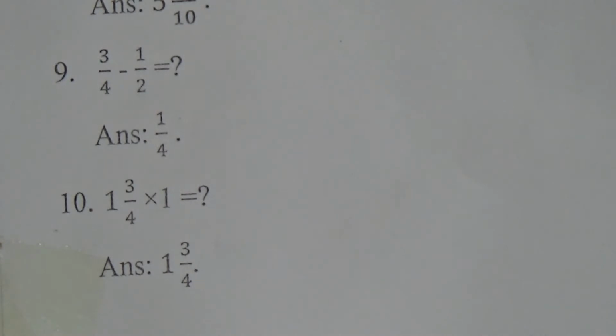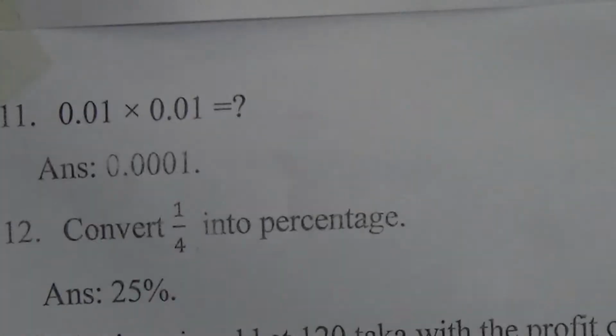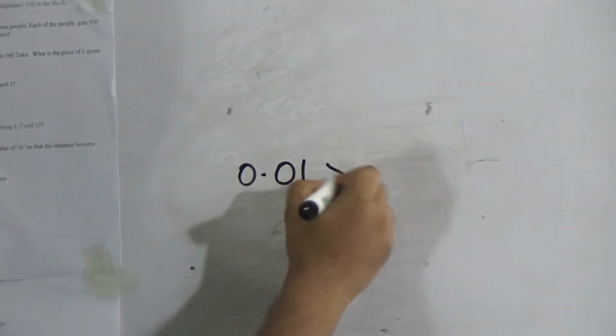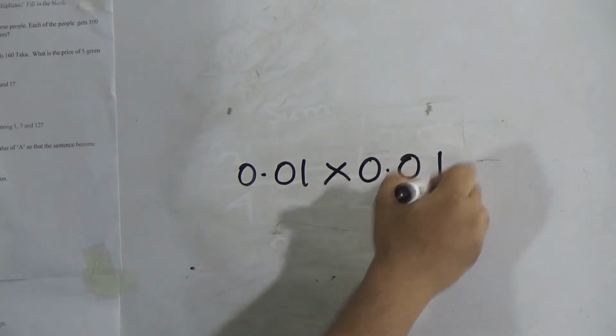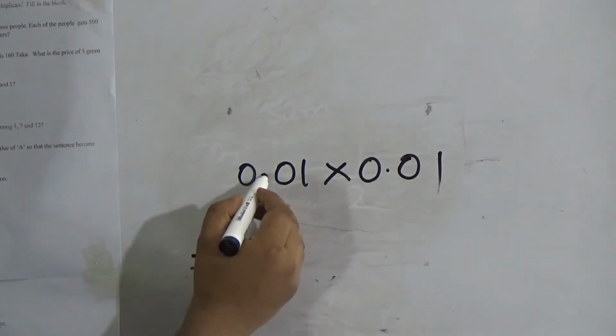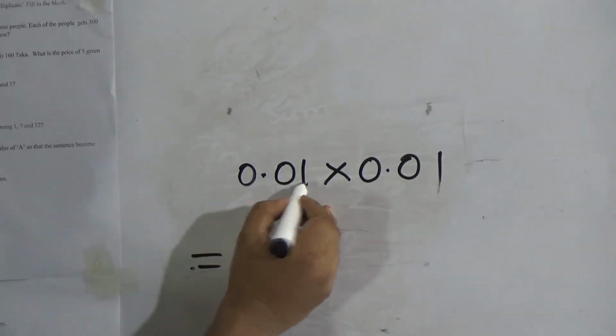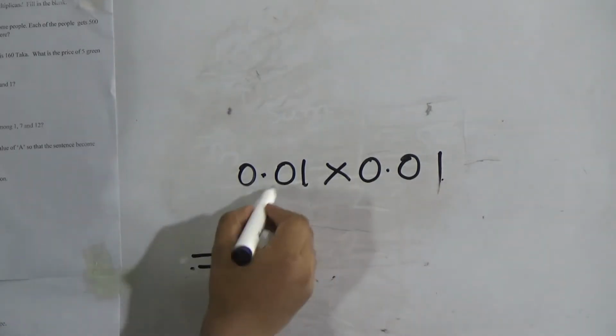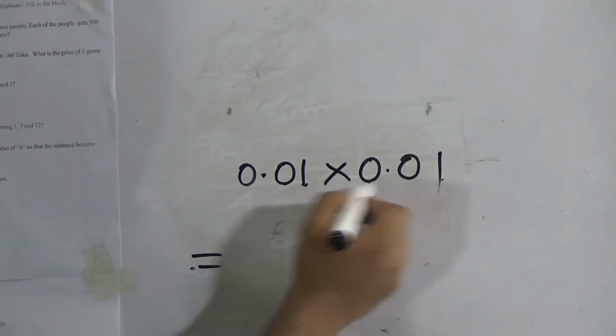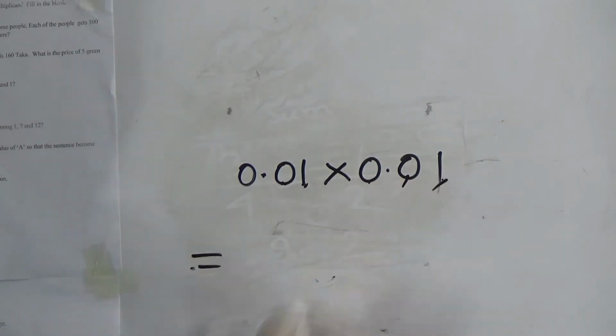Okay, question 11, 0.01 multiplied by 0.01. Please notice the board. 0.01 multiplied with 0.01. And notice after the point how many digits are there? 1, 2, 3, 4.